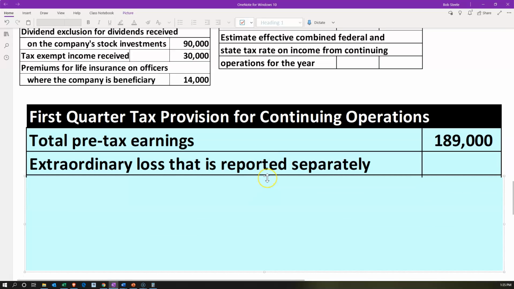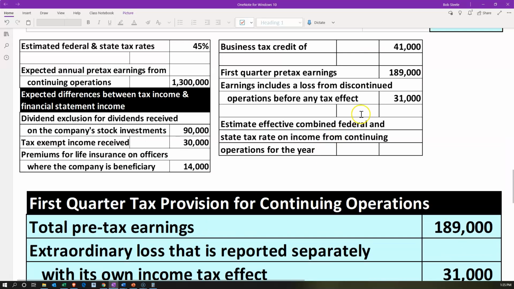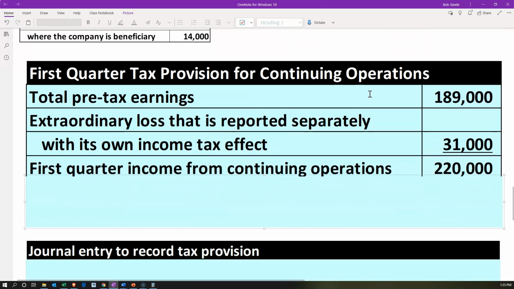Then we have the extraordinary loss that is reported separately with its own income tax effect. And we're taking into consideration that item here. The earnings include a loss from discontinued operations before any tax effect, which we're now going to remove.